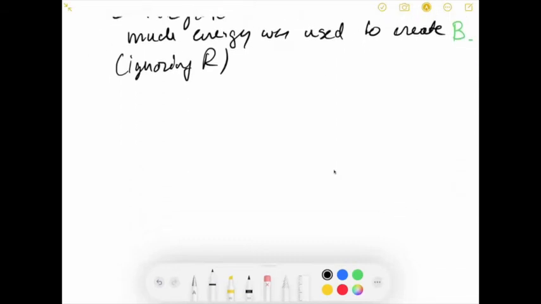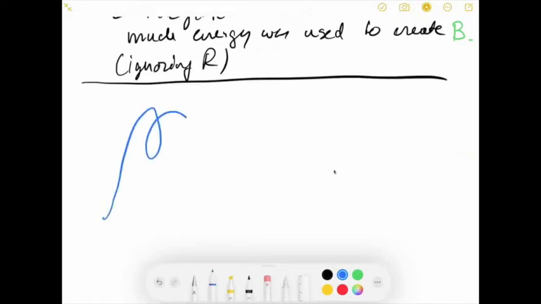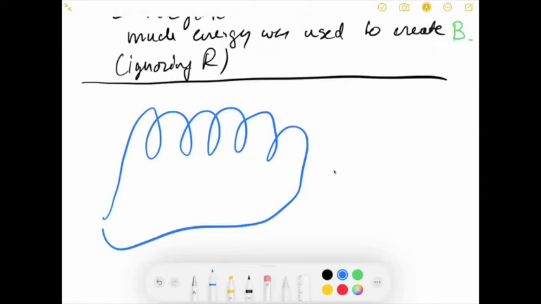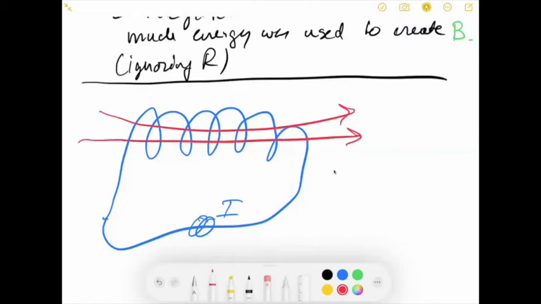All right, so let's apply this way of thinking to the solenoid. So let's say I'm having some kind of a solenoid, and I'm driving a current through this solenoid, and then as a result, I'm getting a time varying magnetic field if that current varies as a function of time.